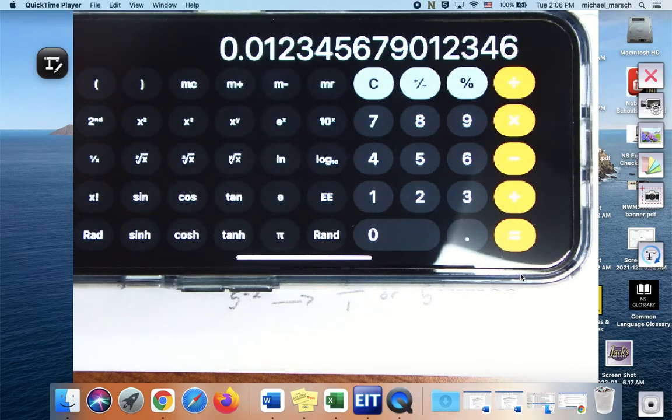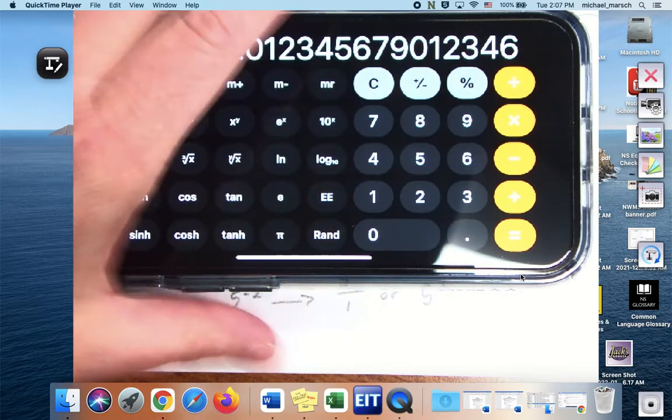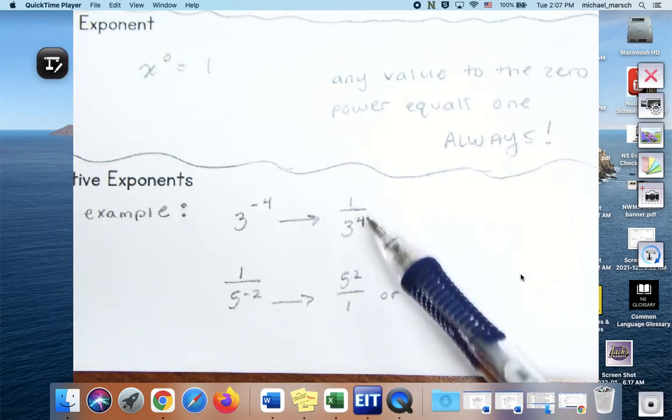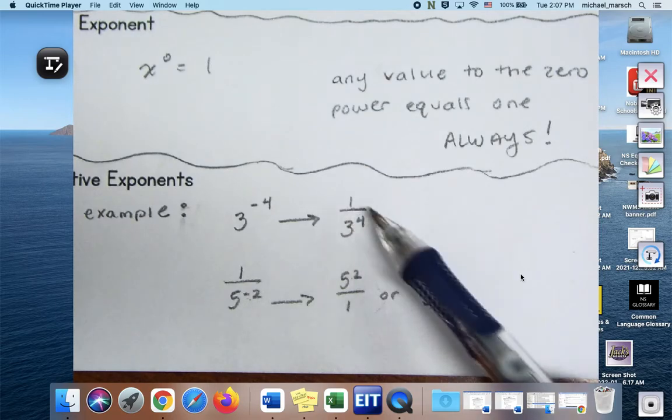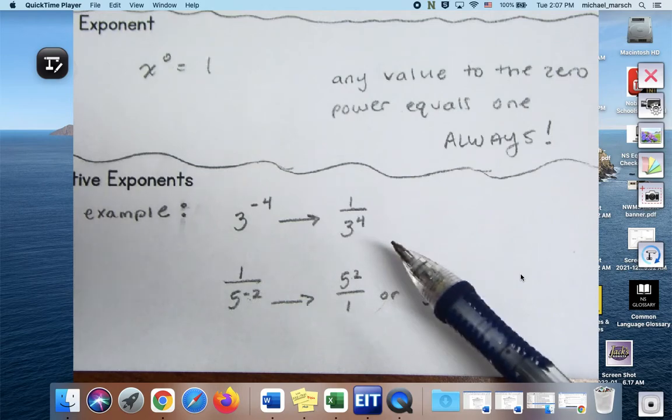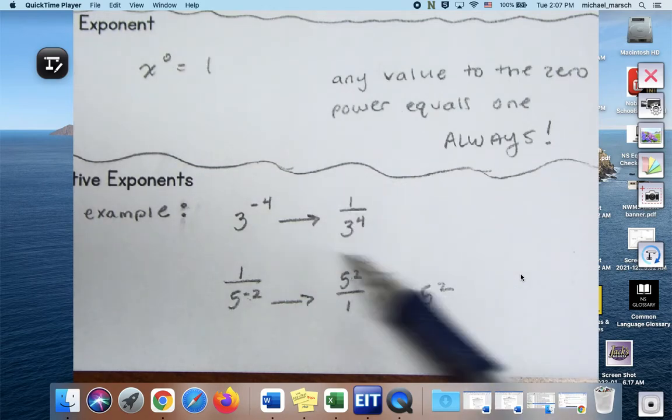So a negative exponent is actually making a number that much smaller instead of that much bigger. But you can't write it mathematically. It just doesn't look correct. So you have to rewrite it as a fraction so that you get proper mathematical formation. It's just like a technicality, but this is what they want you to do.